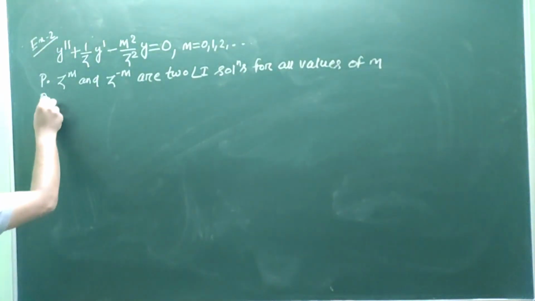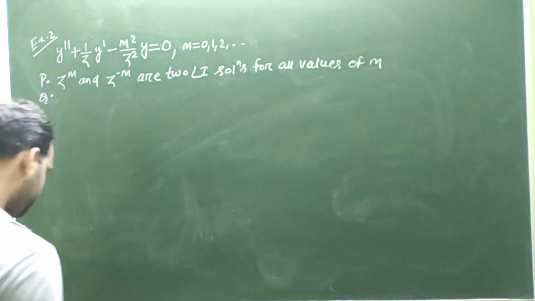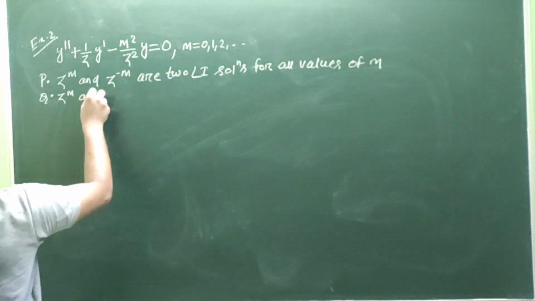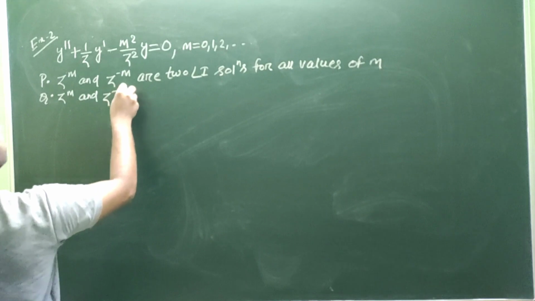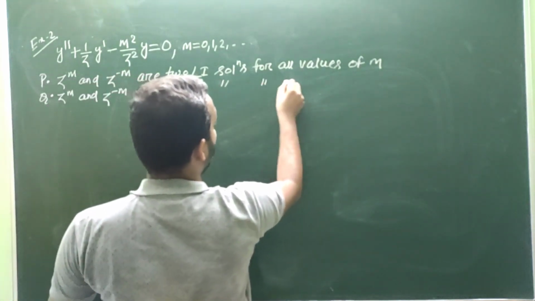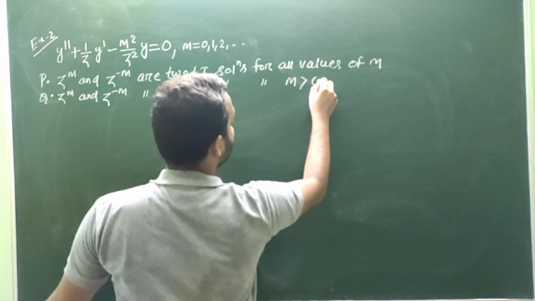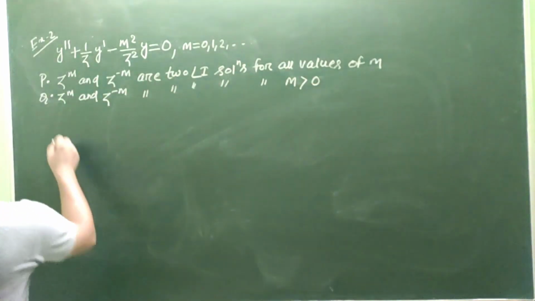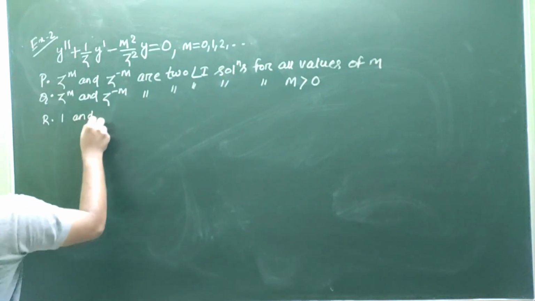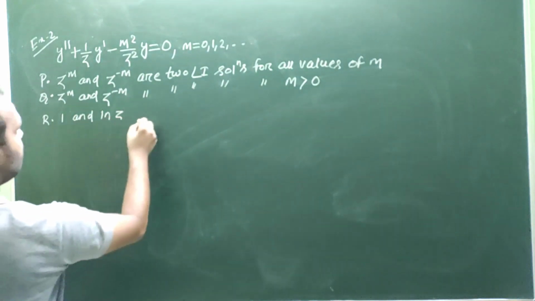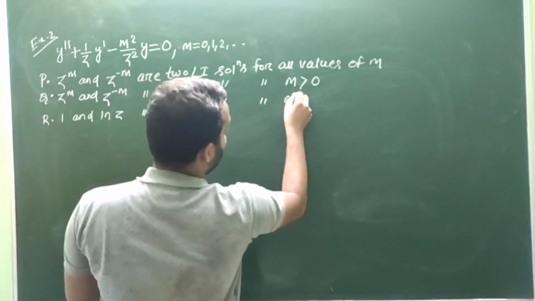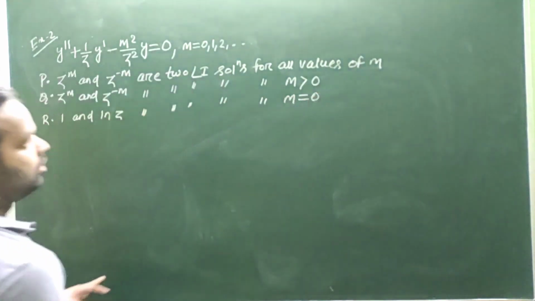Then the second statement Q: z power m and z power minus m are 2 linear independent solutions for m greater than 0. The third one R: 1 and log z are 2 linear independent solutions for m equal to 0.